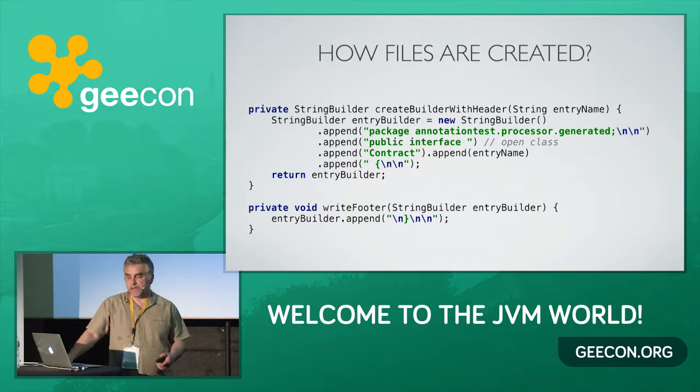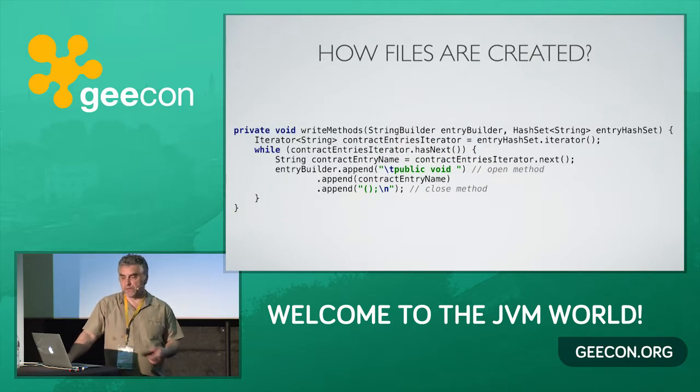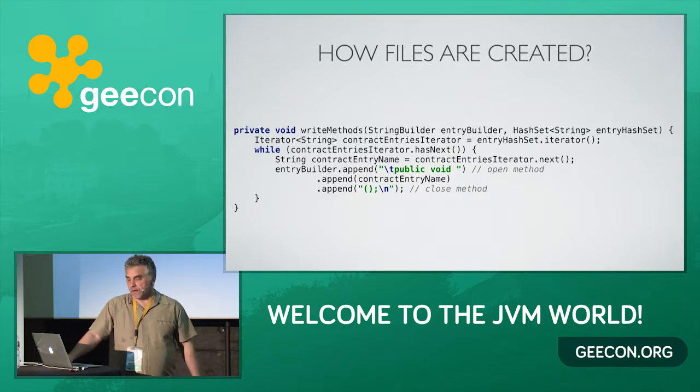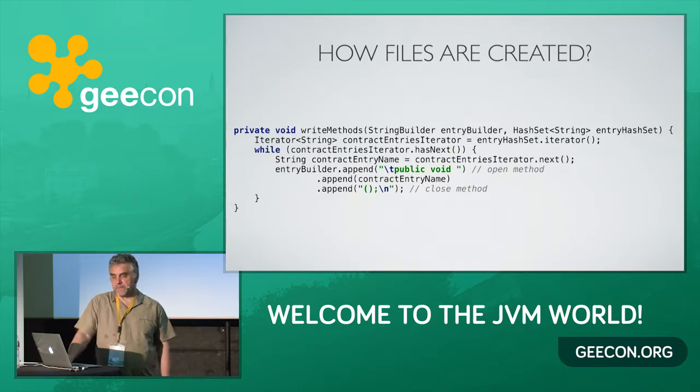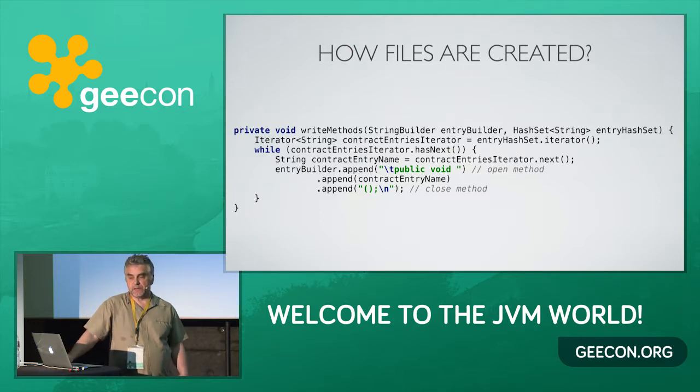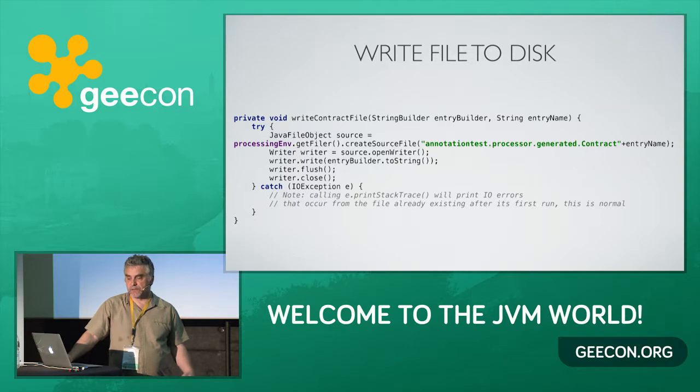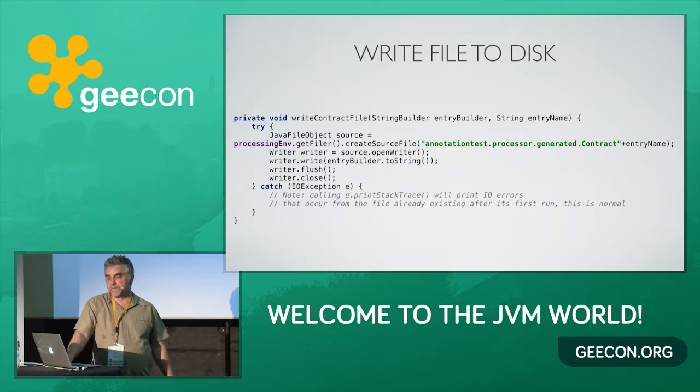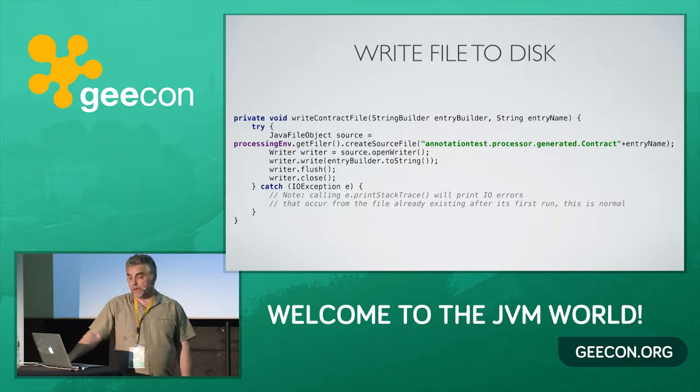It needs to compile. If it's not compiling, you have to debug that. So it might be a bit tricky, but it's possible to deal with that. And this is another method which will actually write the name of the method into the body of that generated interface class.